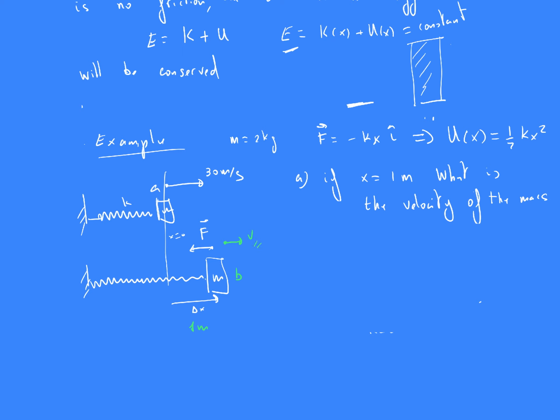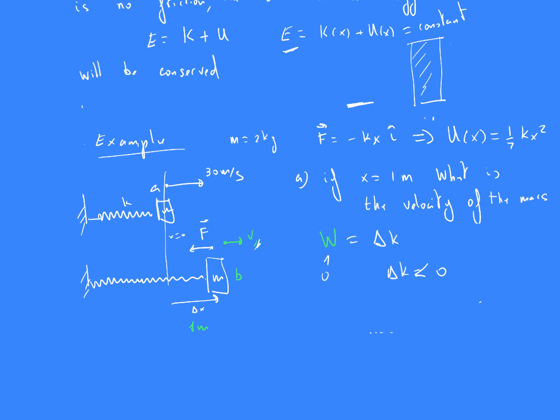Well, the force goes in this direction, and the displacement is in the positive direction, so the work is negative. Because the work is the change in the kinetic energy, if this is negative, the change in the kinetic energy should be negative. So the velocity will be smaller.